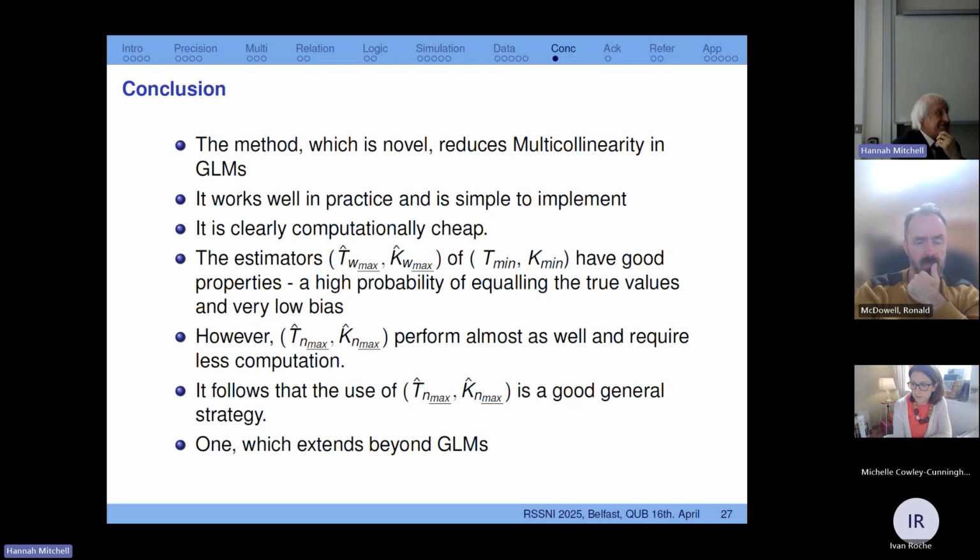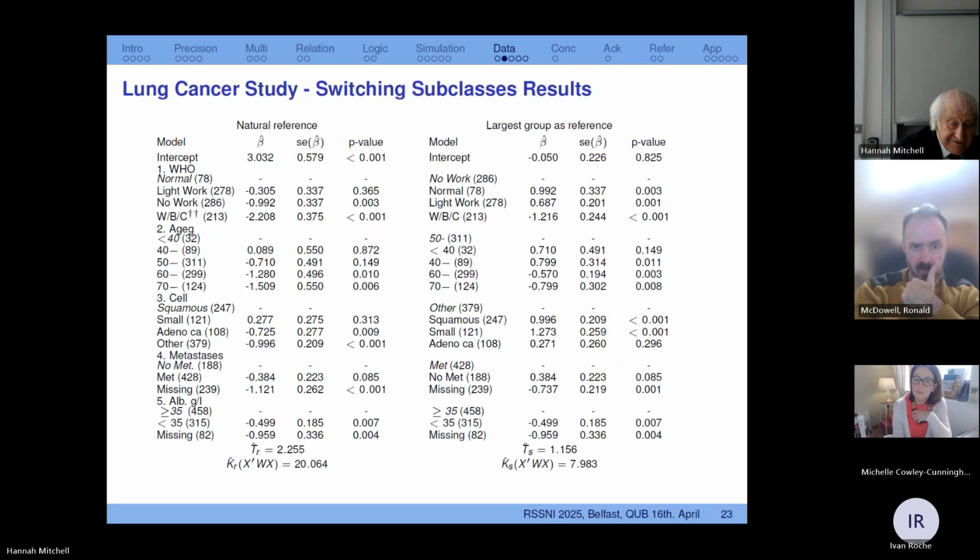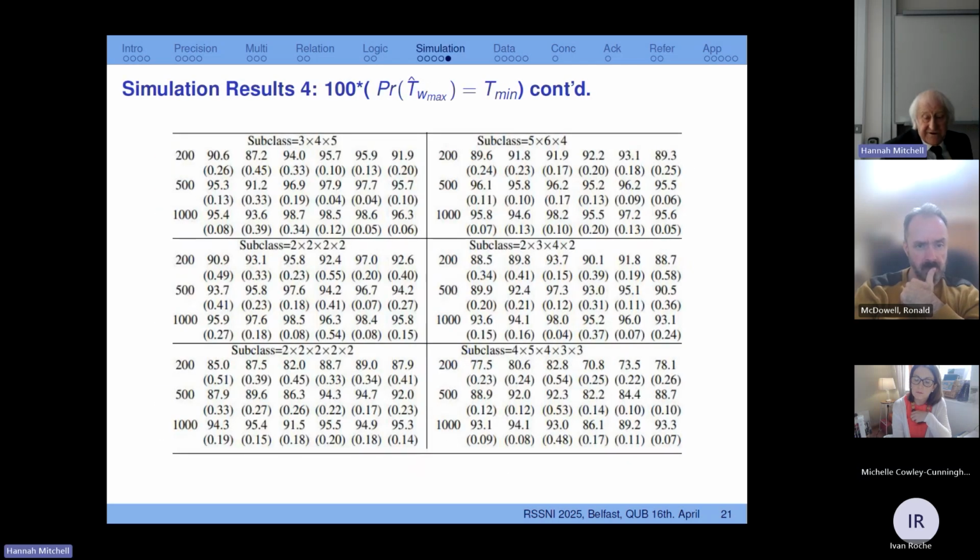How many estimators have such a good property and very low bias? The other thing I should have mentioned but didn't: the other figures here, those in brackets, are the percentage bias. It's very, very small bias.